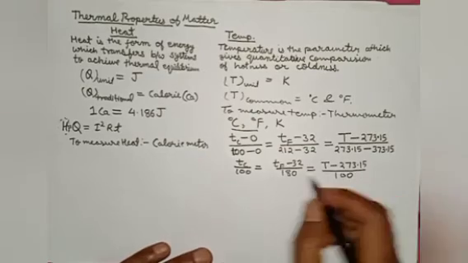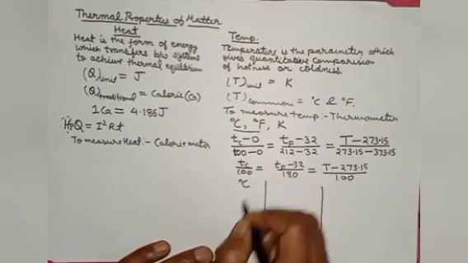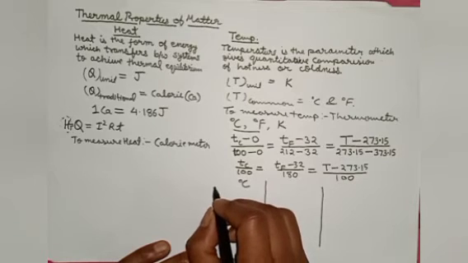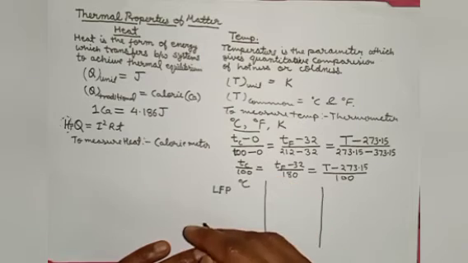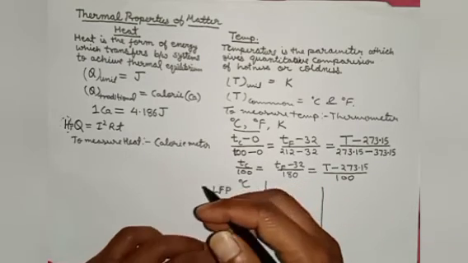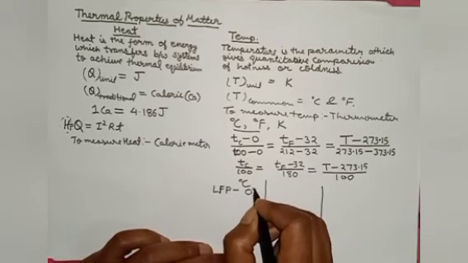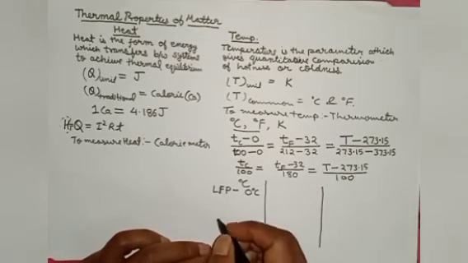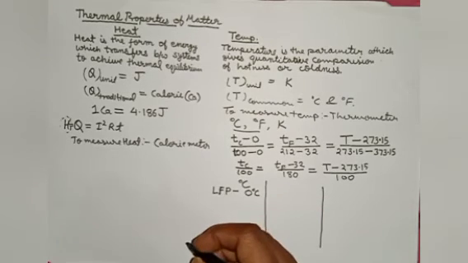And remember, the basis of this is, for the Celsius scale, the lower fixed point. Lower fixed point doesn't mean that we can't go below that. Lower fixed point means the reference for selecting that temperature scale. So the lower fixed point is at 0 degree Celsius, at the melting point of ice.